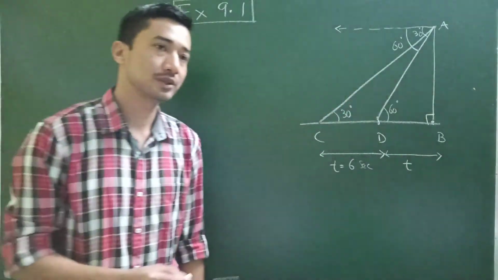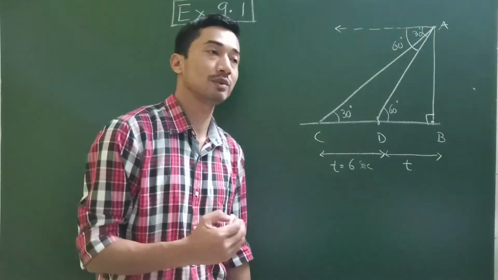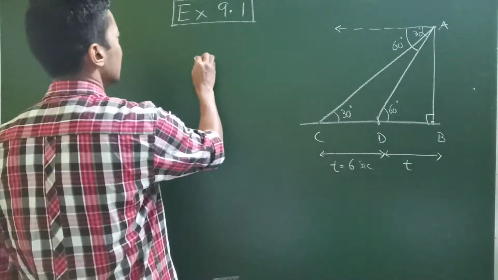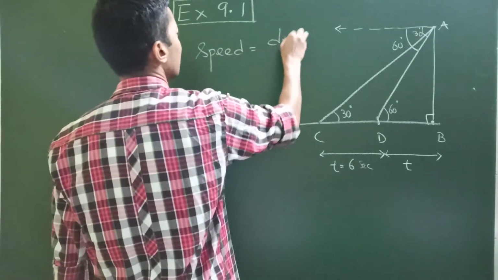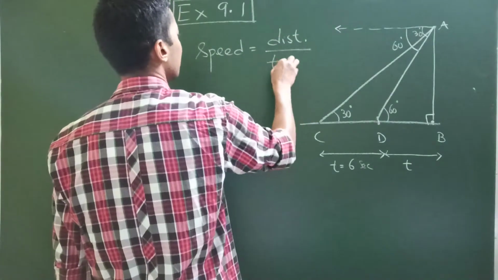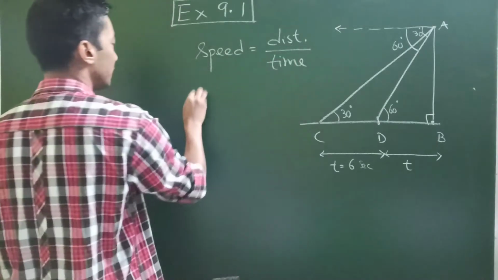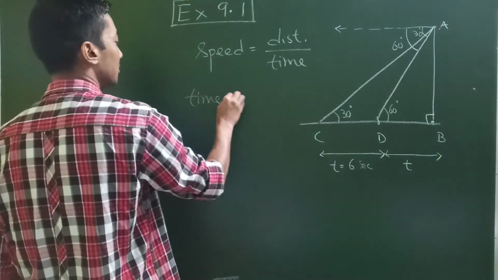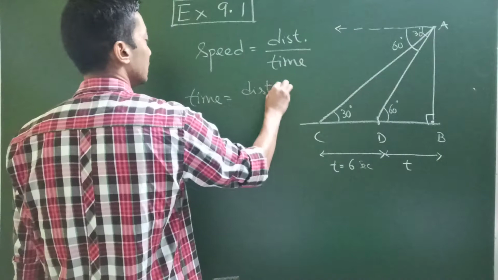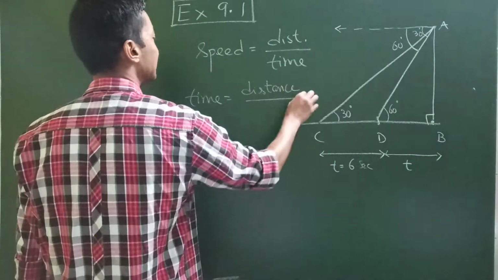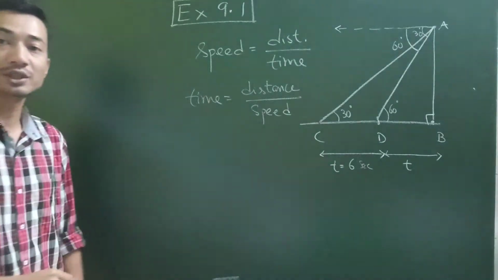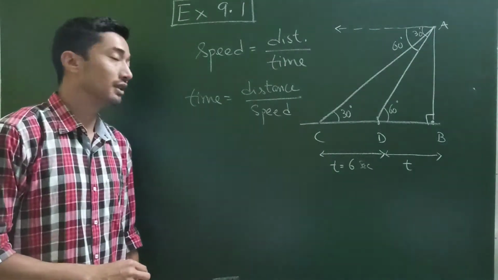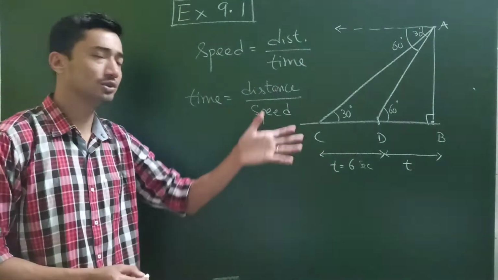Now going back to science, physics, what was the formula for speed? This concept we will be needing. Speed would be distance by time. So if we have to find the time, then we will be using the formula distance by speed. So this is the only way. There are some shortcuts, but we are not going to use those methods now.